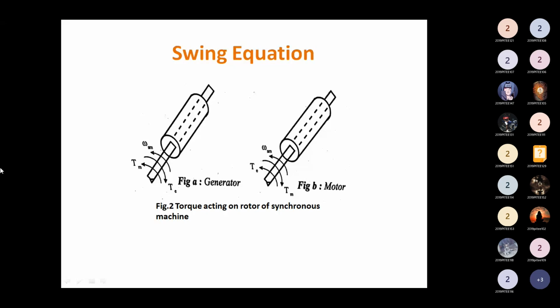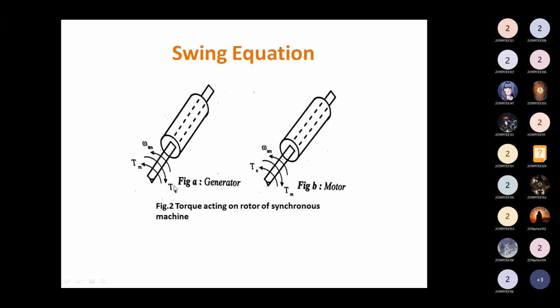Suppose the question is from the rotor dynamics, you have to derive the expression for the swing equation, which means you have to write all the bases. So I am having the two machines, generator as well as motor. Consider the speed omega sm anti-clockwise. For generator as well as motor, the speed is anti-clockwise only.